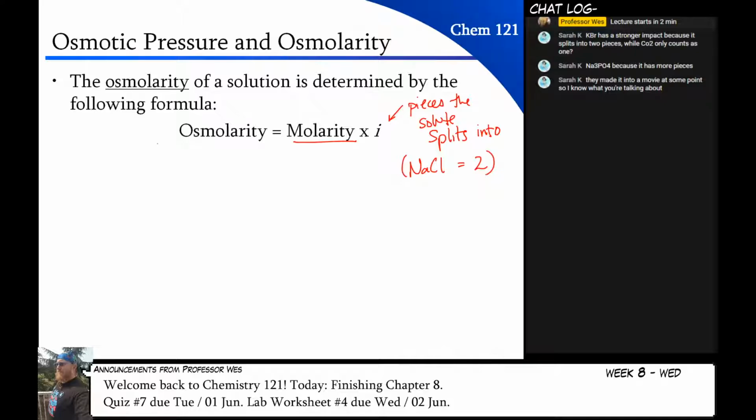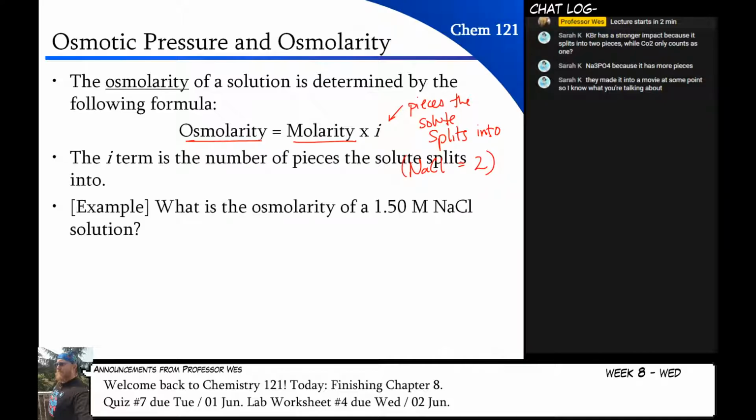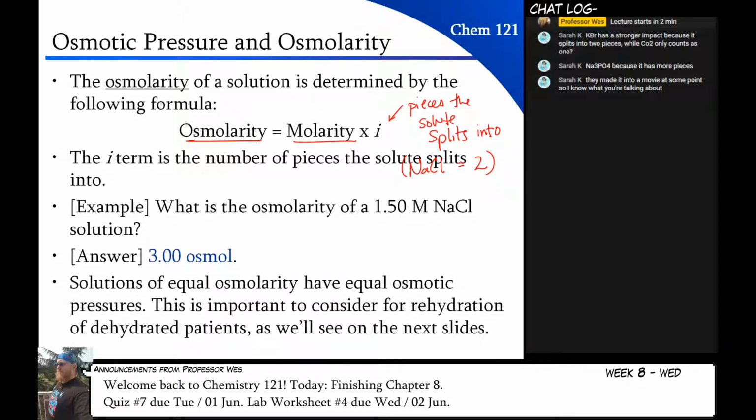Now, why do we care about osmolarity? The answer is that any solutions that have the same osmolarity will have the same osmotic pressure. So if I had a 1.5 molar sodium chloride solution, what would its osmolarity be? Well, it would be 1.5 times 2, or 3.